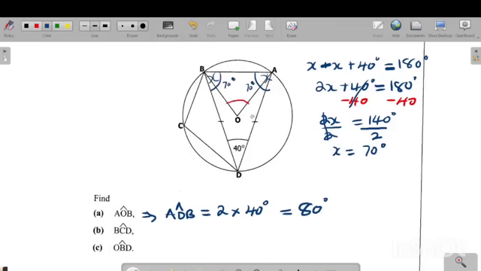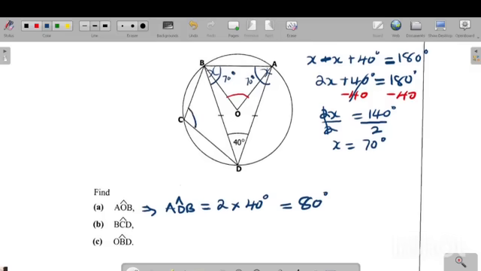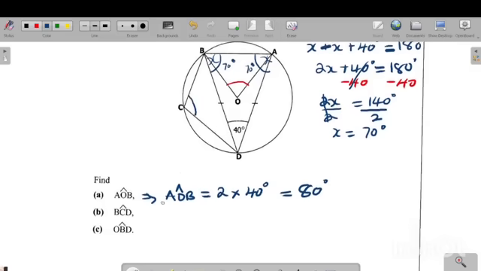All right. So now, since they want angle BCD, this angle here, we are going to apply the property that says opposite angles of a cyclic quadrilateral. You can see that the one inside here is a quadrilateral. So the opposite angles of a cyclic quadrilateral should add up to 180 degrees.